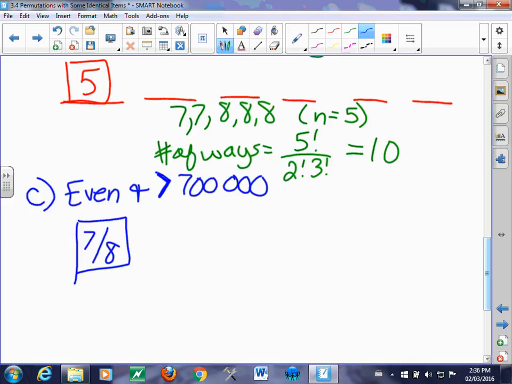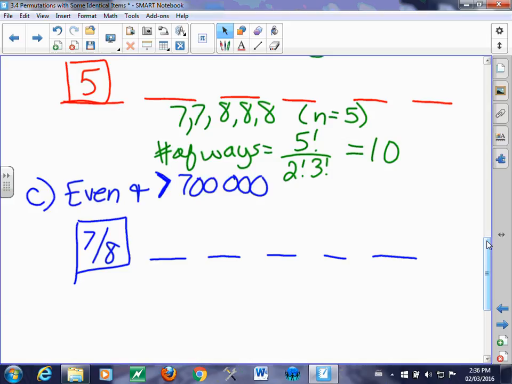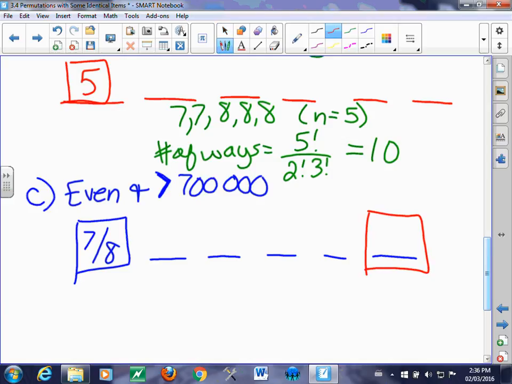And then we have 1, 2, 3, 4, 5 spots open. Okay? And if it's even, what digit has to be here, folks? Well, 5s are odd and 7s are odd, so the only one we could have here is an 8.